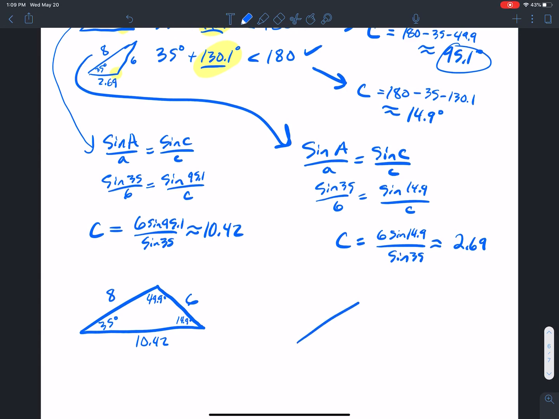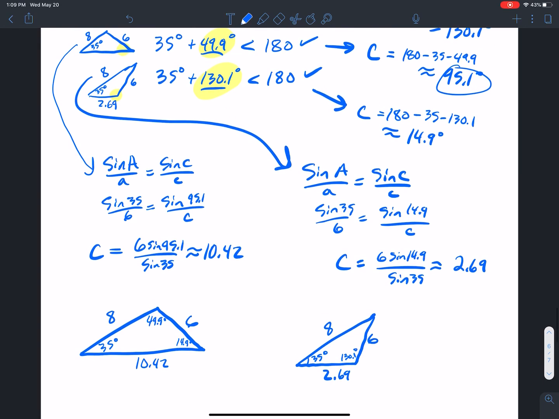And then your other triangle was 2.69 and 8 and 6, and that's 35 degrees. This was the 130.1, and then this one over here was actually the 14.9, so I messed this part up here.